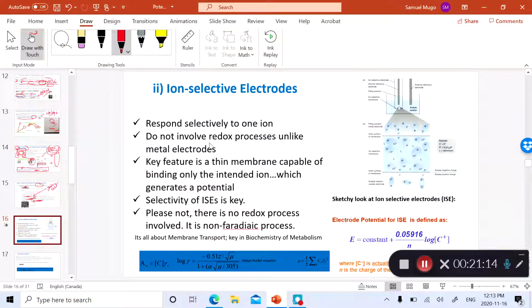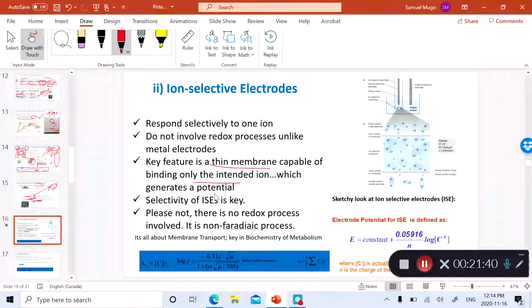Remember, this is non-classical, and so they do not involve a redox process. Unlike metal electrodes, with ion selective electrodes there is no redox process, and so the charge is generated from a charge separation resulting from a very thin membrane.